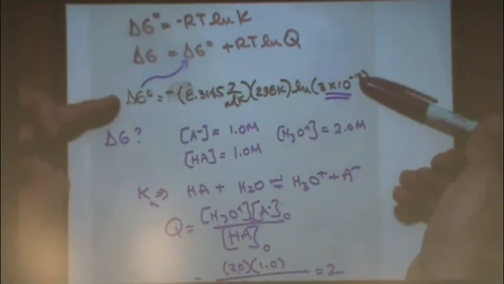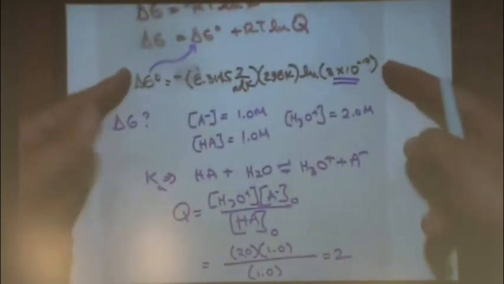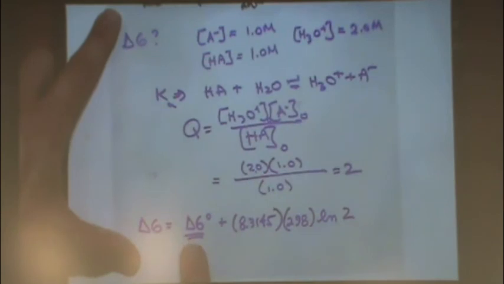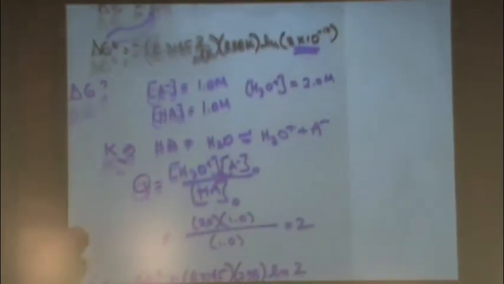Sometimes you'll see just this in a question, and sometimes if we give you the concentrations, you have to do what's in black first in order to do this part, because you need the delta G standard. That's a pretty typical problem. All right. Any questions before I move on?